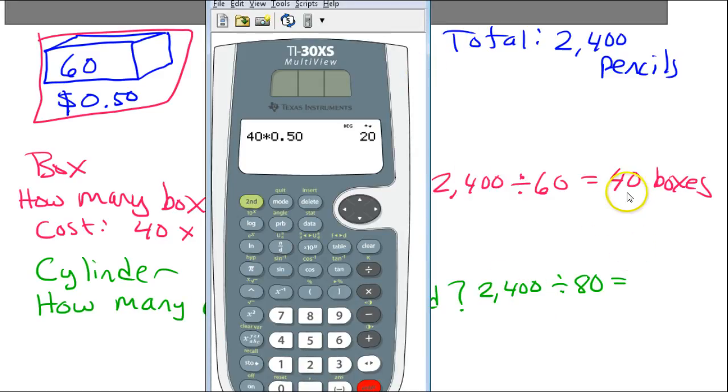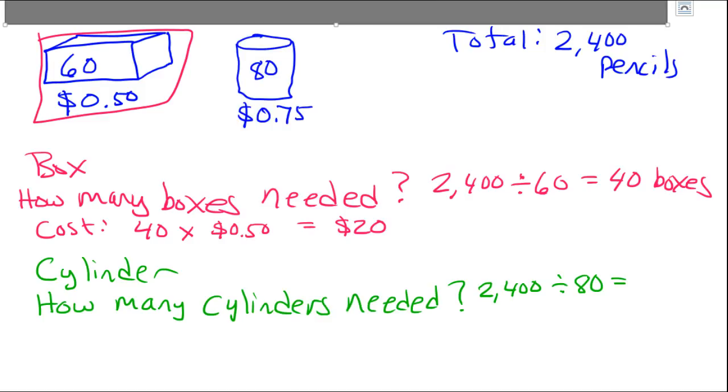What do you want to bet it's going to be 30, because 24 divided by 8 is 3. We've got to work on our mental math sometimes. Of course it does turn out to be 30, so we'd need 30 cylinders.